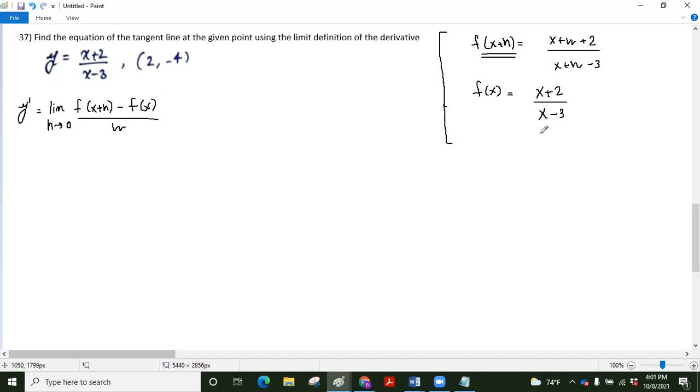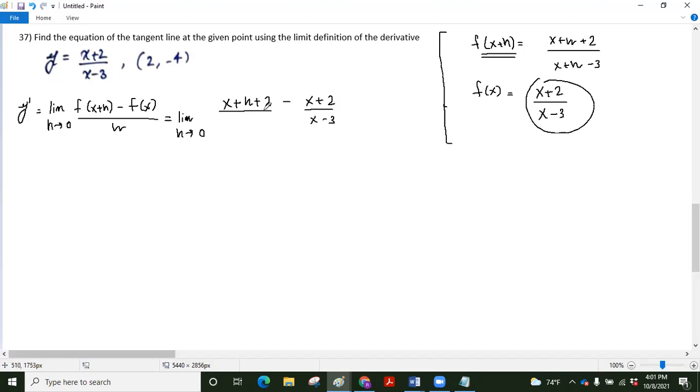And so now we can say that this is equal to the limit as h approaches 0. We know what f of x plus h is. It's x plus h plus 2 over x plus h minus 3, minus f of x. Well, what is f of x? F of x is this guy, x plus 2 over x minus 3.